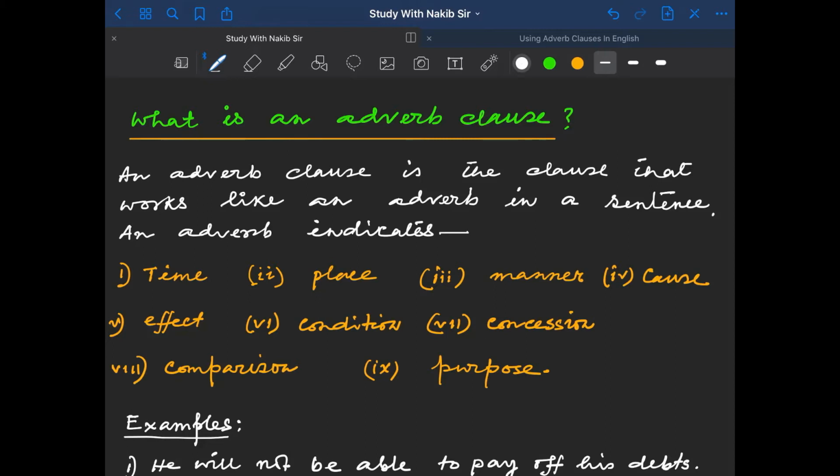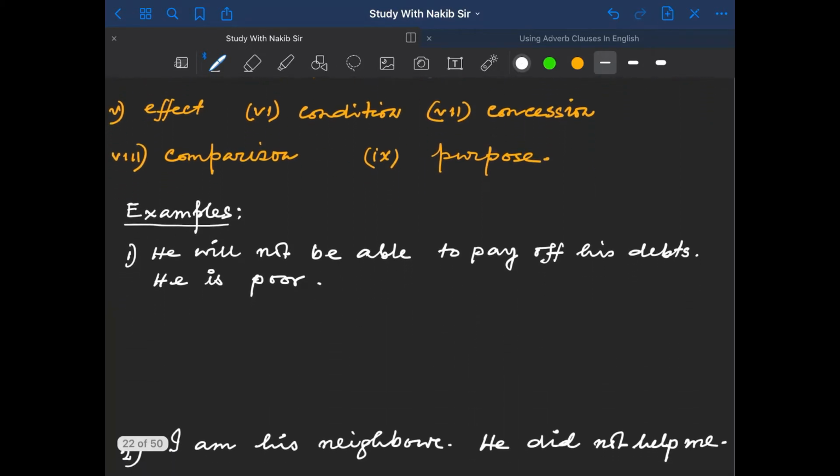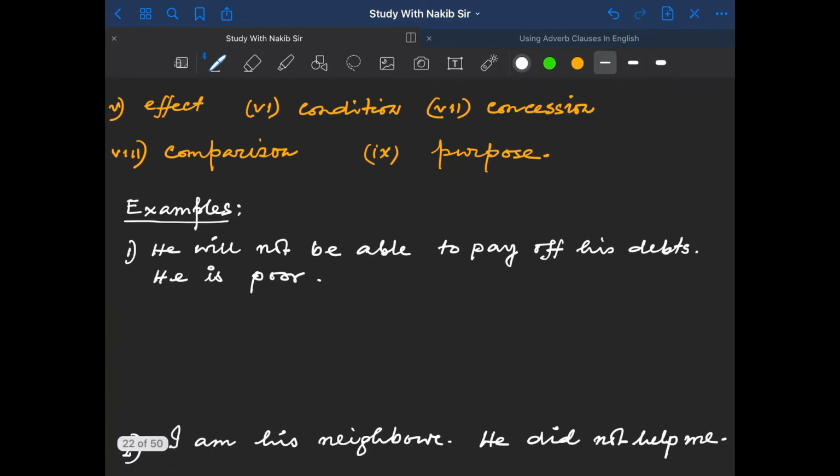Okay. Now we'll see how two or more simple sentences can be combined into a complex sentence by using adverb clauses in English. Take a few examples for illustration. See the first example. He will not be able to pay off his debts. He is poor. This is the reason and this is the effect.